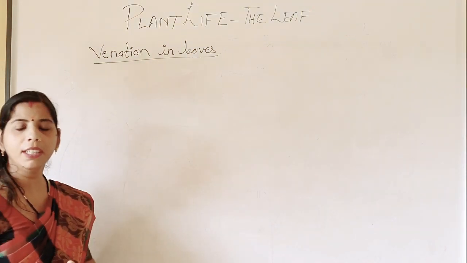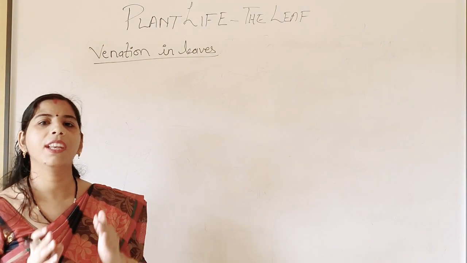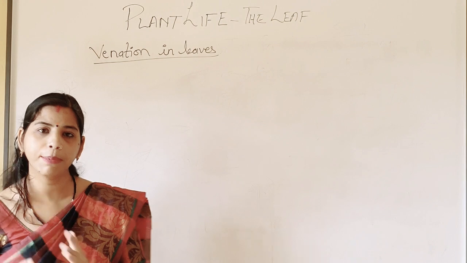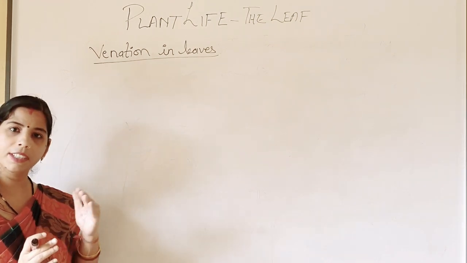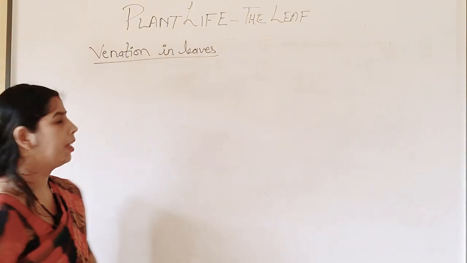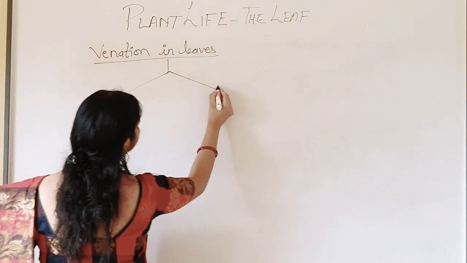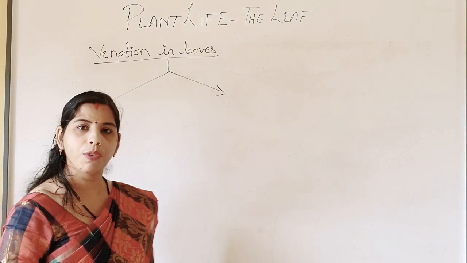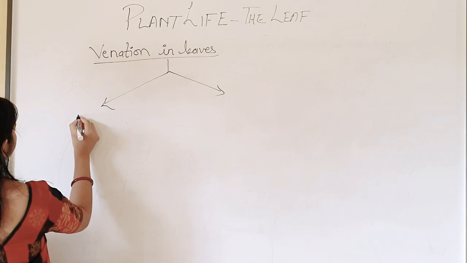This is the pattern in which the veins and veinlets are present on the leaves. That means how veins draw various patterns in the leaf is known as venation. And leaf venation is further of two types. First is the parallel venation and second one is the reticulate venation.